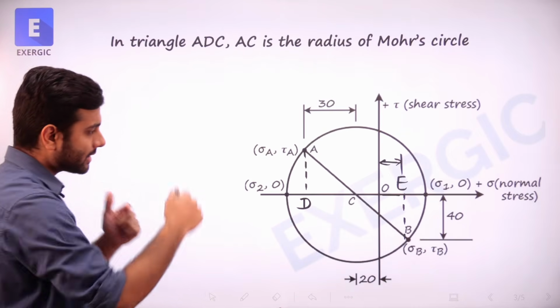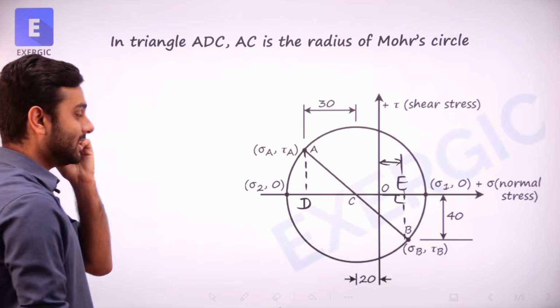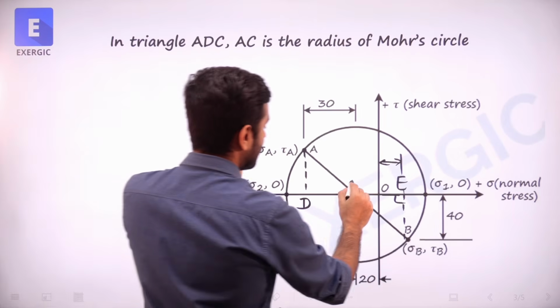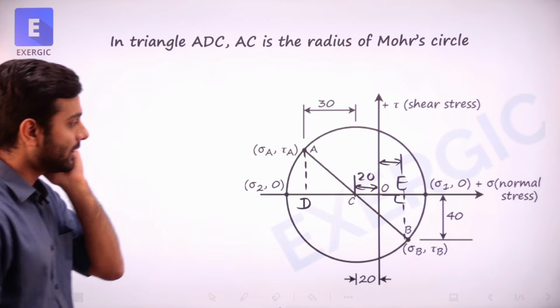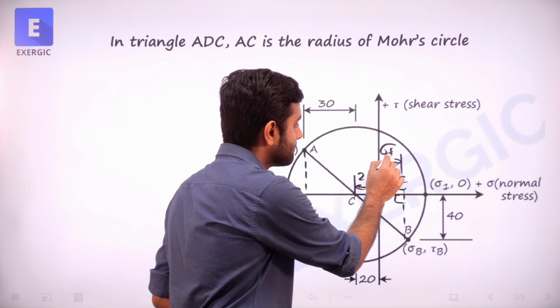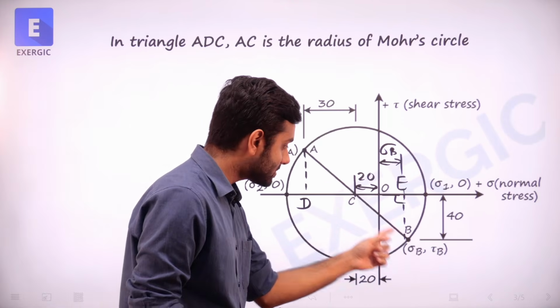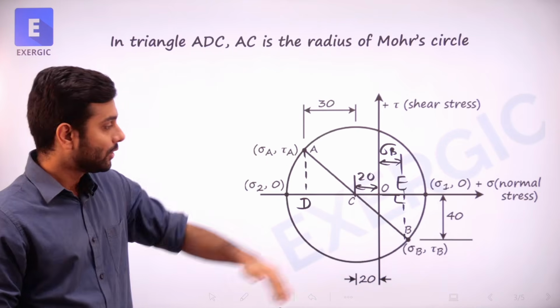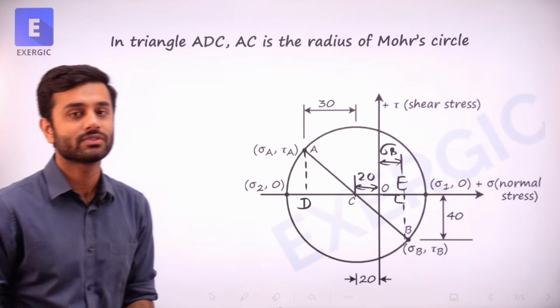So I am interested in triangle CEB. In that triangle, OC is known to me. This is 20, correct? And this I want to find out. This is unknown. If somehow I can find the radius, it will be very easy to relate the radius with this length and then find the value of sigma B.